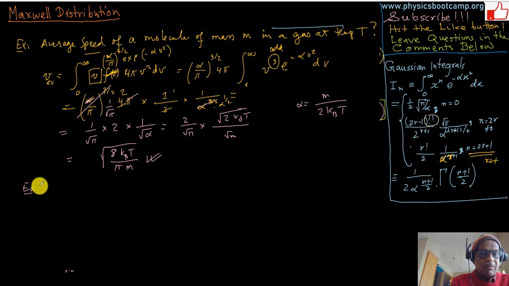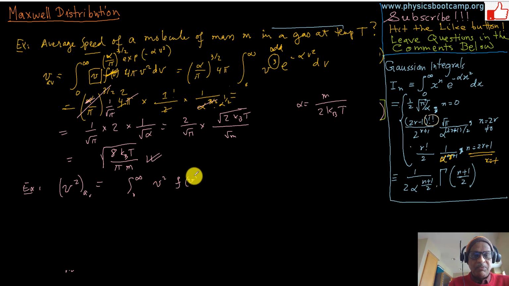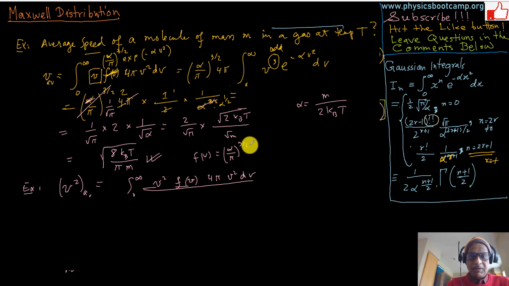And we can also find V square average, which is, when we did the kinetic energy, that's what we did, right? So it was 0 to infinity, V square, f(V) 4 pi V square dV. f(V) is the same thing: alpha over pi to the power 3/2 e to the minus alpha V square.